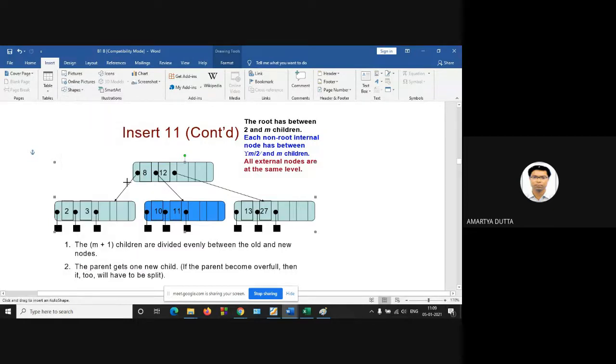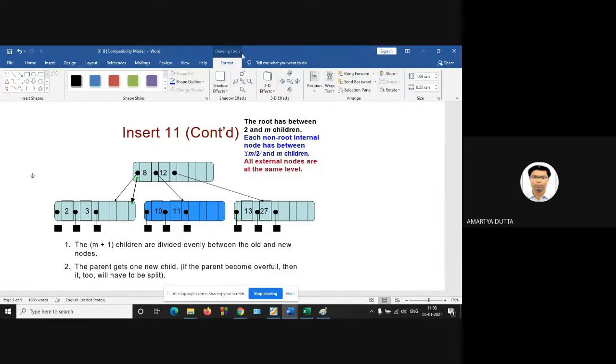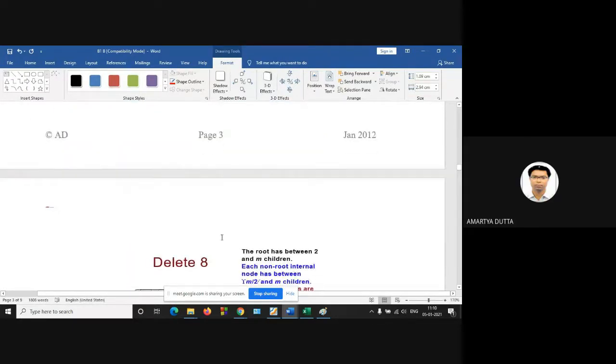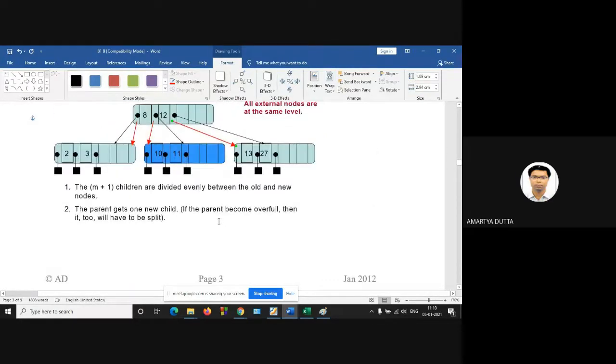Similarly, this should point to this one, and this should point to this particular location. Is it clear? Yes, sir. Okay. Next. So this is the insertion.